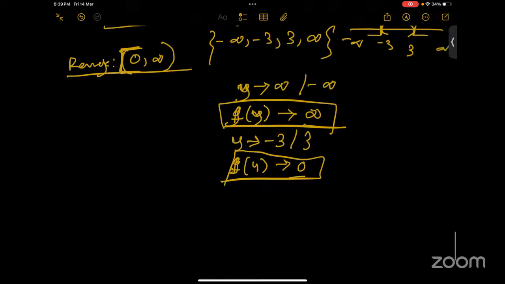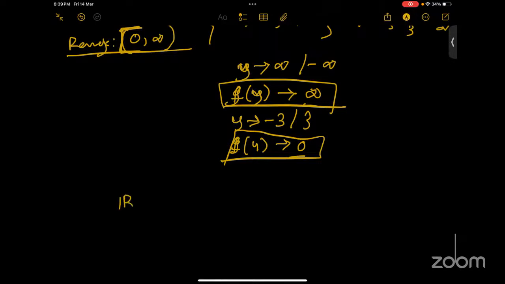In the domain, minus 3 and 3 are not part of the domain, right? It is not excluded. We are excluding the open interval minus 3 to 3. That means we are not excluding the points minus 3 and 3. We are just excluding the open interval. So minus 3 and 3 are part of the domain.